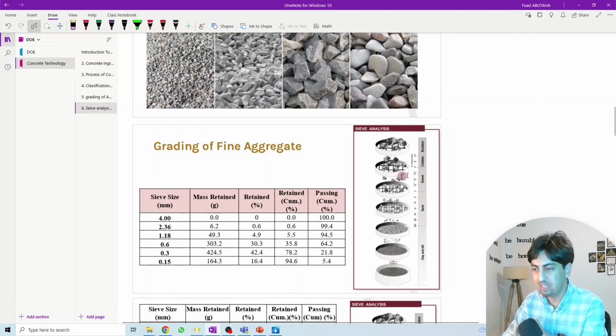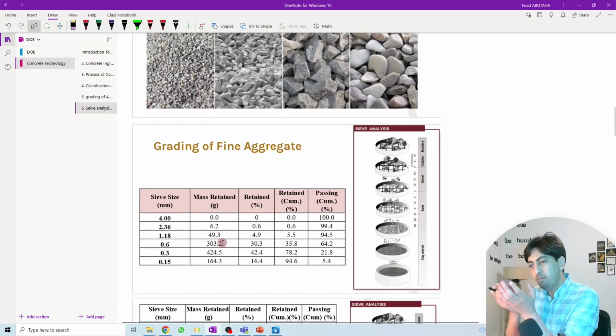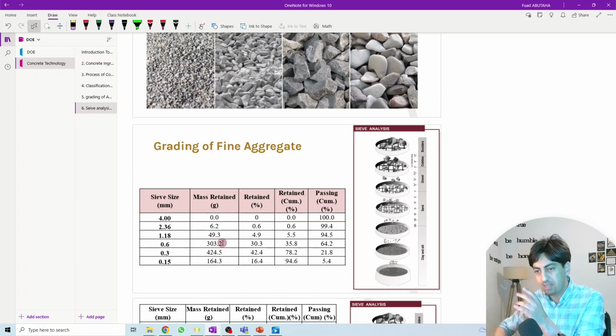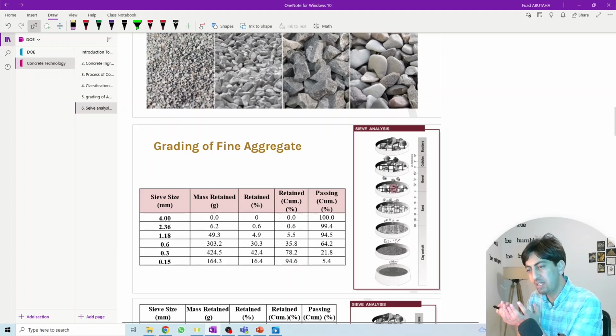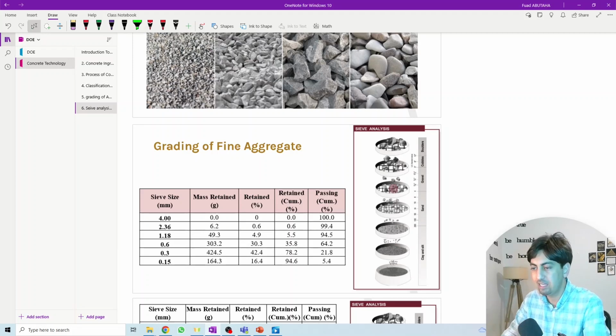We go to the third sieve, 1.18 millimeter. The mass retained is 49.3 gram at the top, and the rest passed this sieve. So we weigh how much is retained on each sieve.